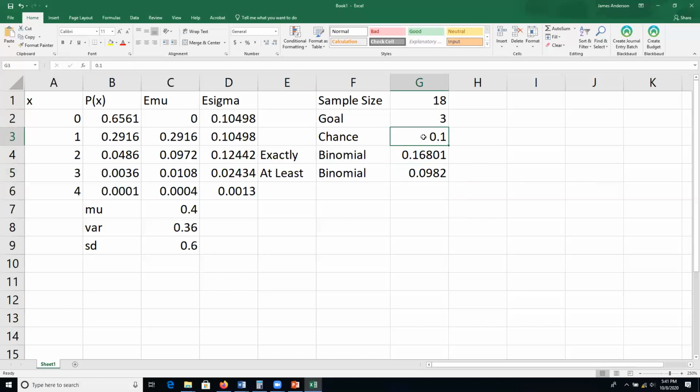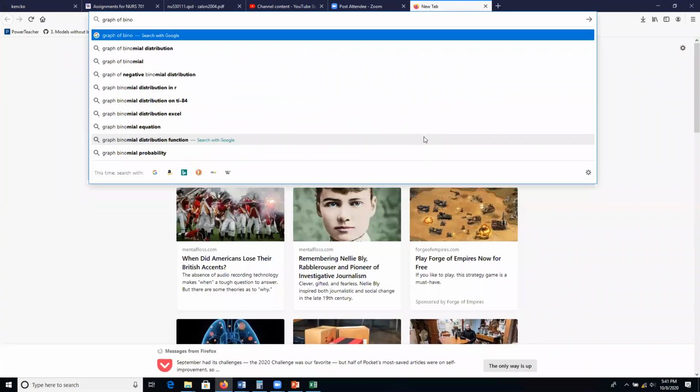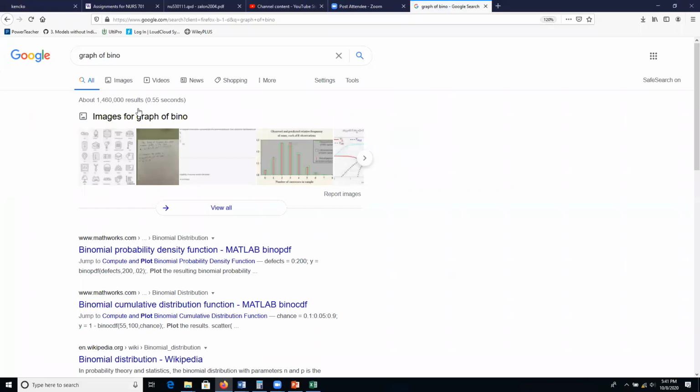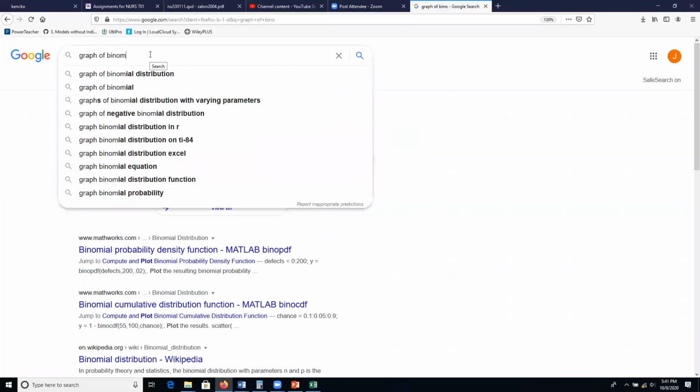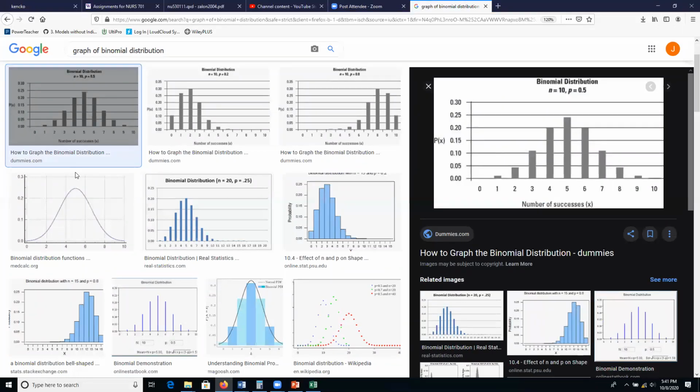So what I did is I took the probability of having up to 3, added them together, and it's 1 minus that number. That's what I'm doing. Because if you look really quick at a graph of binomial distribution, as you get higher and higher, you get more of the successes.